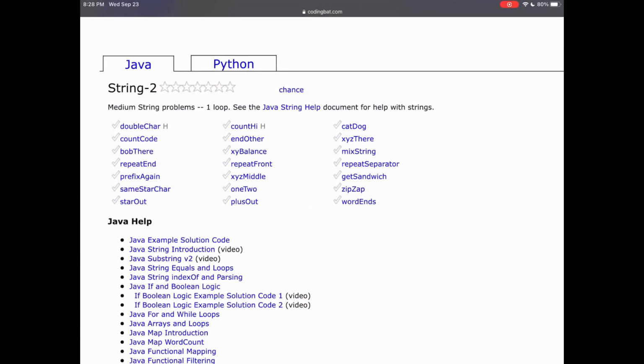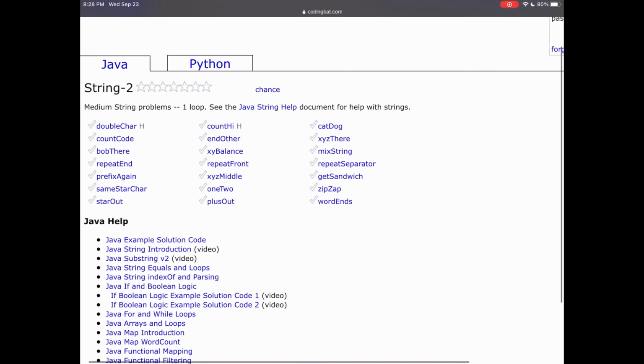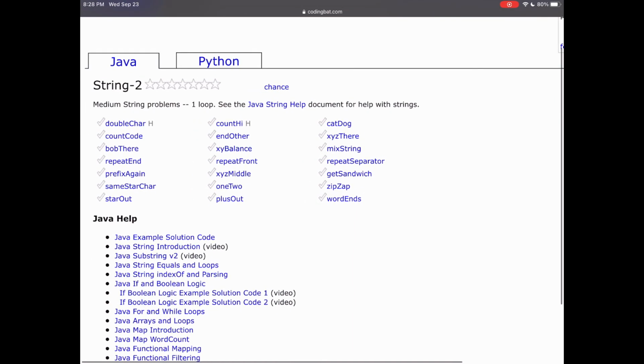So I figured I would go through a couple problems and talk through my ideas and my thought process, just to get you thinking, so it kind of sparks some ideas in you.